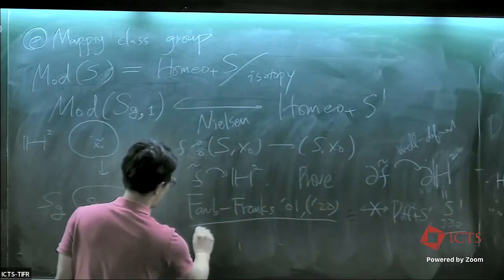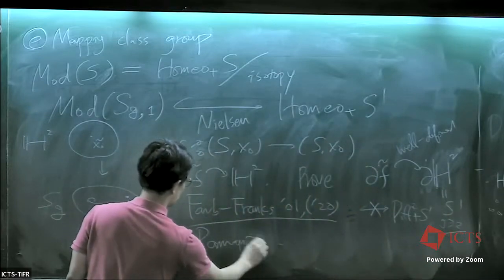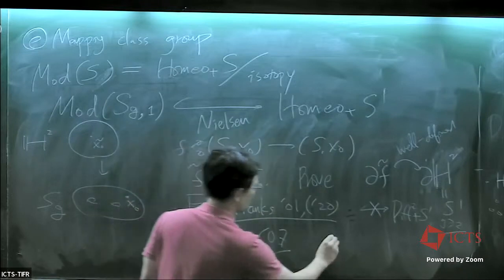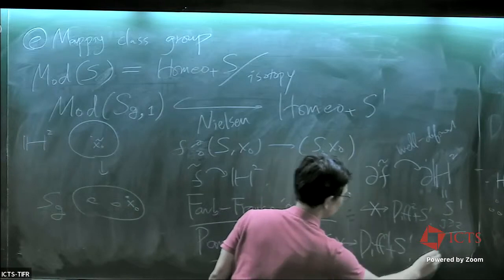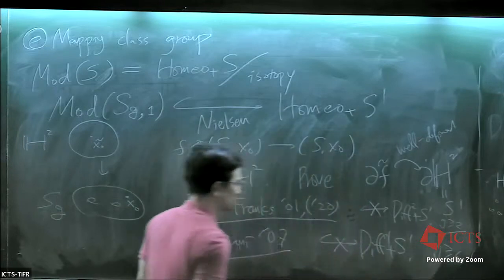And Parwani in 2007 proved that it can never embed into even Diff^1 using Thurston stability for genus large enough.